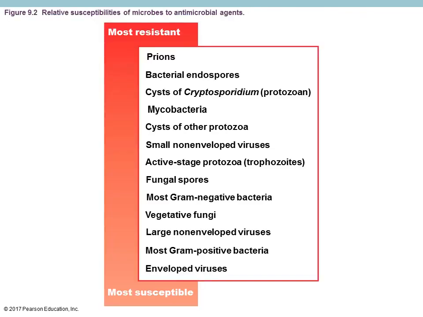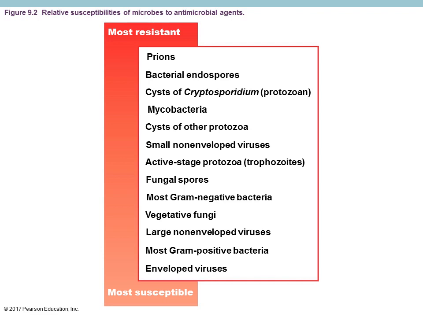This just gives you an idea of how different organisms have different levels of susceptibility to antimicrobial agents. The most susceptible, as you can see, are the enveloped viruses and most gram-positive bacteria, and then it moves up. Endospores are some of the most resistant.